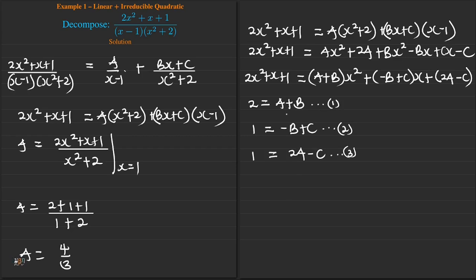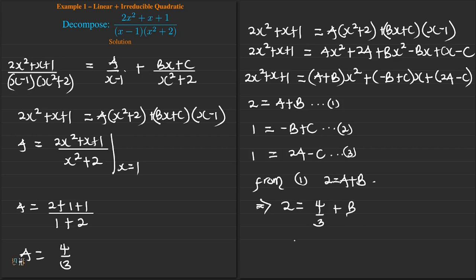But since we have our a to be 4 over 3, then from equation 1, which we know 2 is equal to what? a plus b. Let's substitute our a, which would then imply that 2 is equal to 4 over 3 plus b.